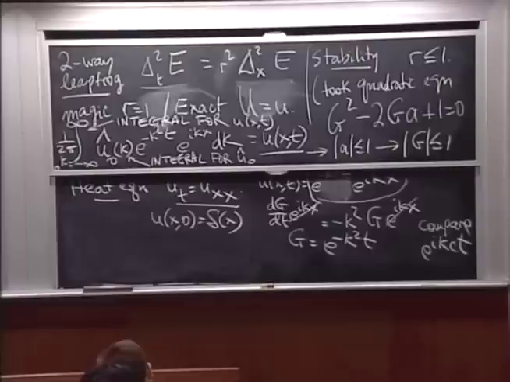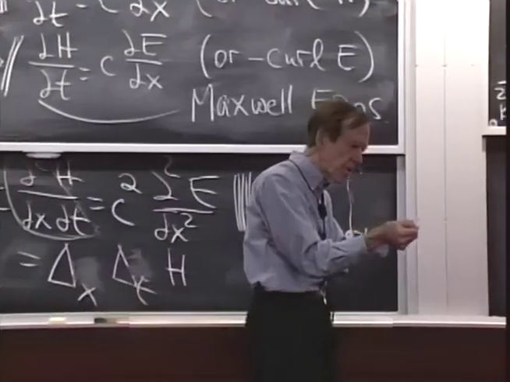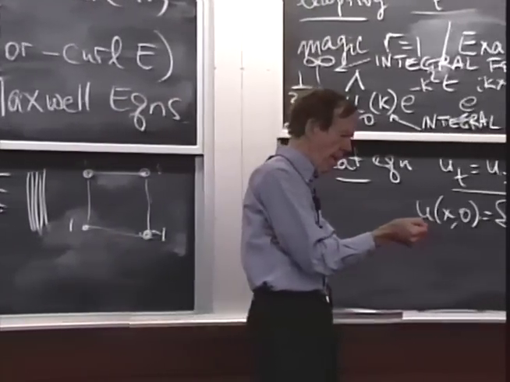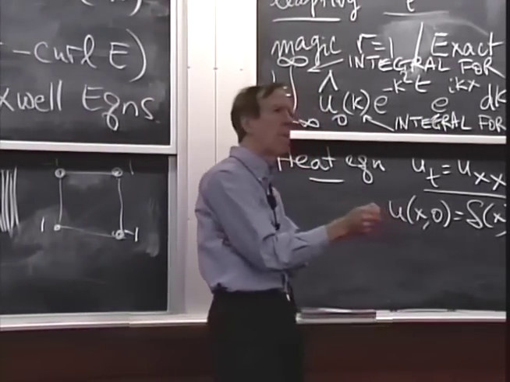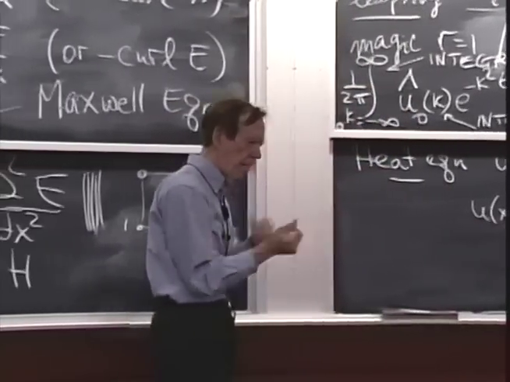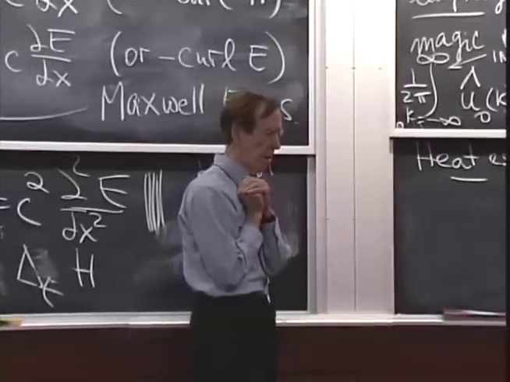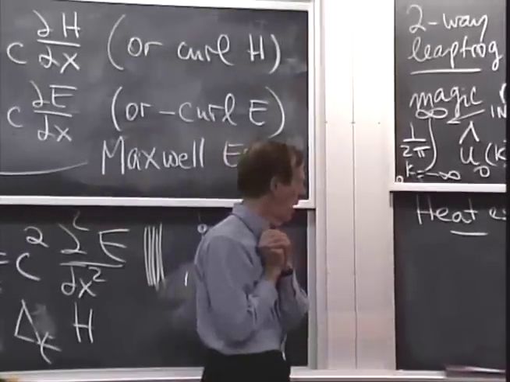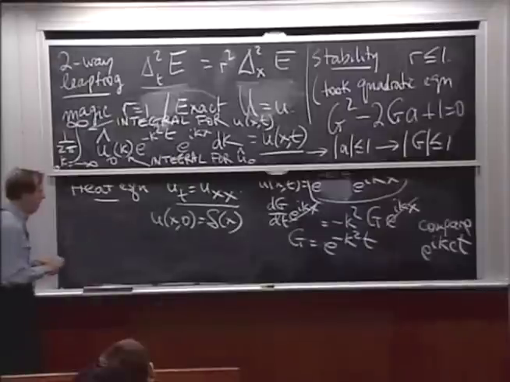An impulse. At time 0, x equals 0. An instant source of heat at a point source with finite strength, you could say, an impulse at time 0.